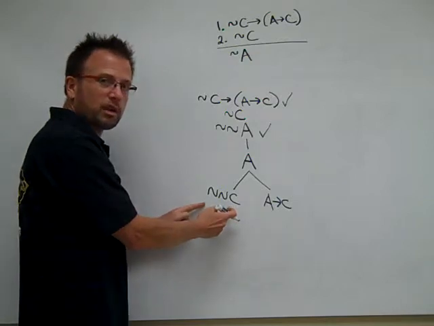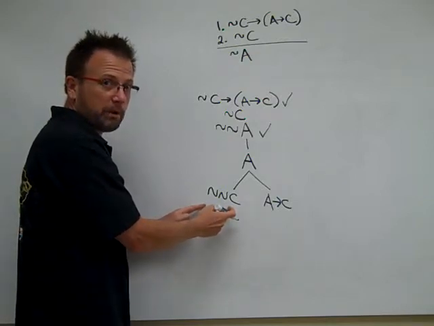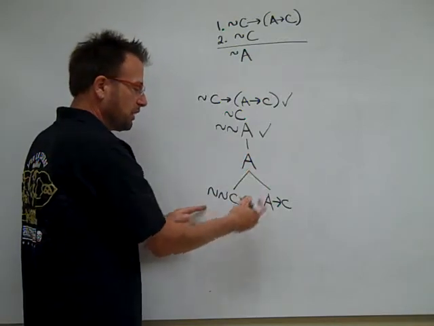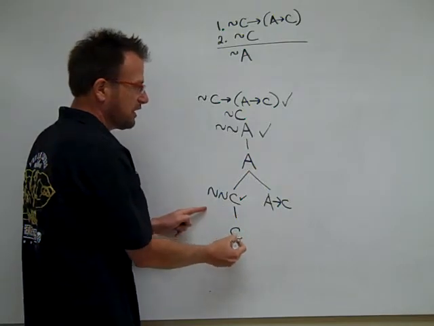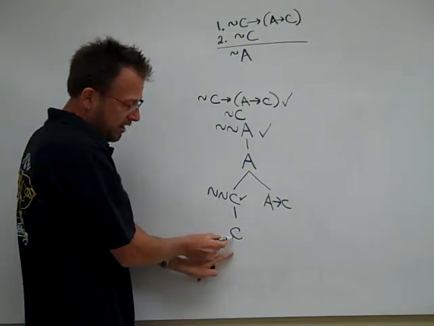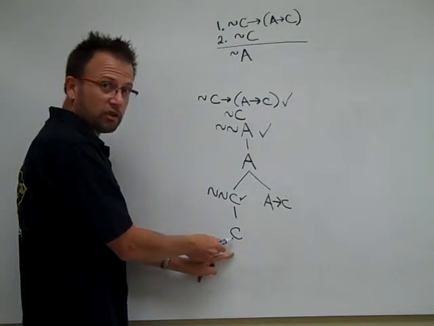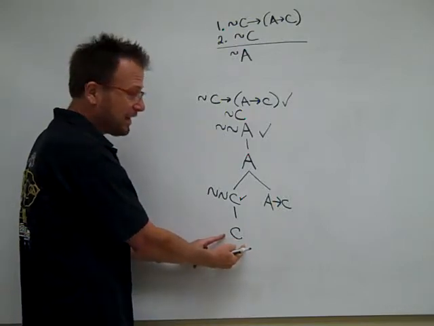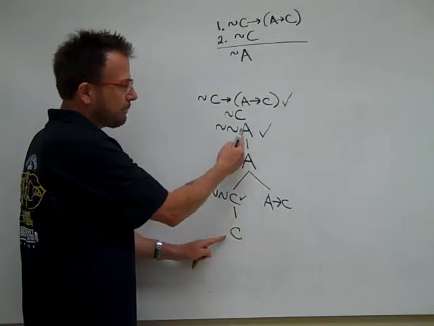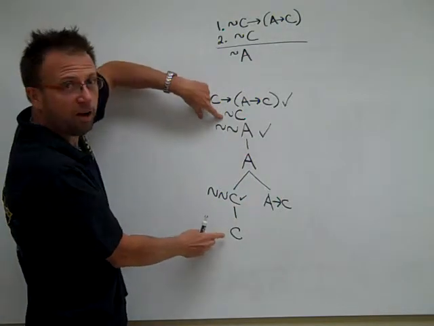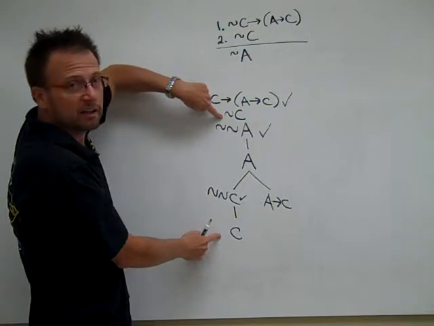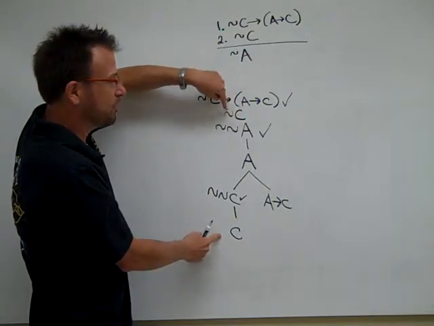Under what conditions will not C be true? Well, just as with here, not C will be true when C is true. But notice now, and this is where you close the branches, I have here asserted as true the simple statement C, and if I trace that branch up, I notice that the simple statement is also asserted to be false.